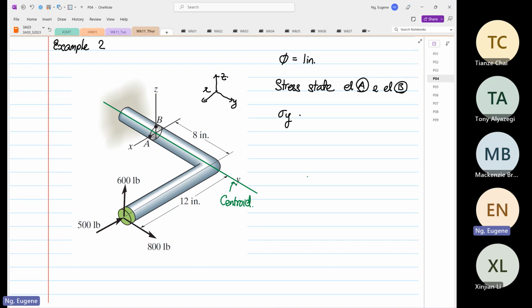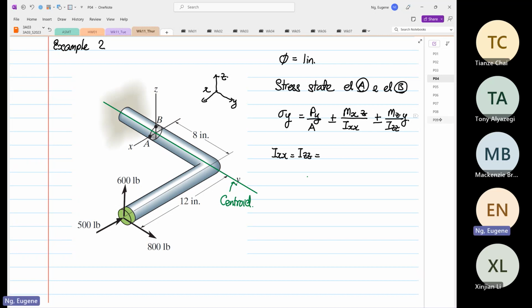And this is equal to Py over A plus or minus Mx over Ixx multiplied by Z plus or minus Mz over Izz multiplied by Y. One thing is for sure, we know that Ixx will be equal to Izz.